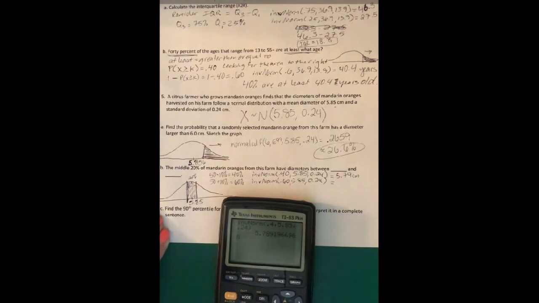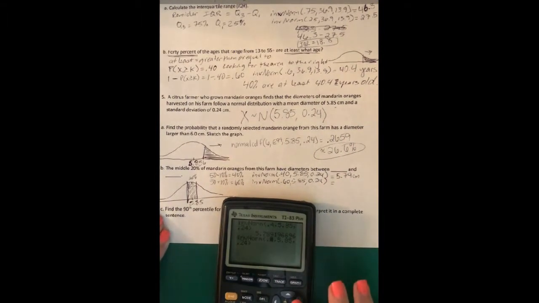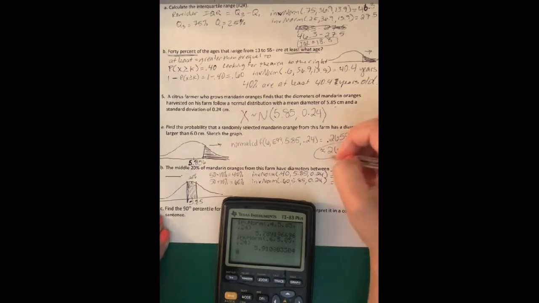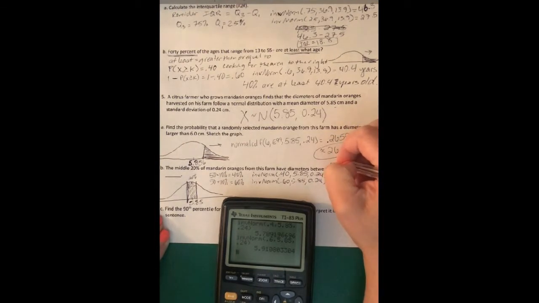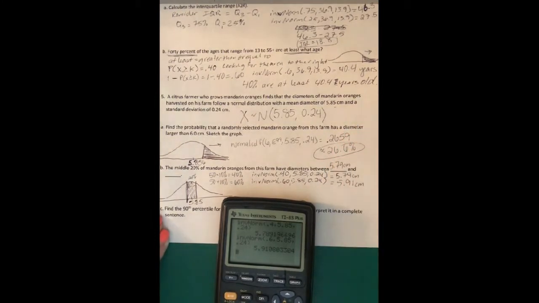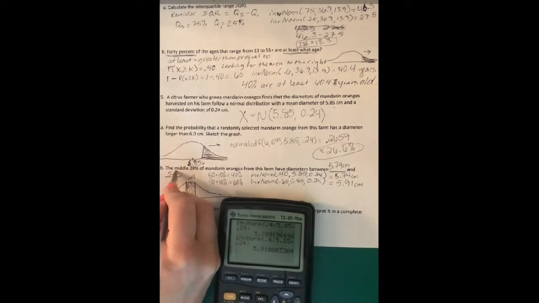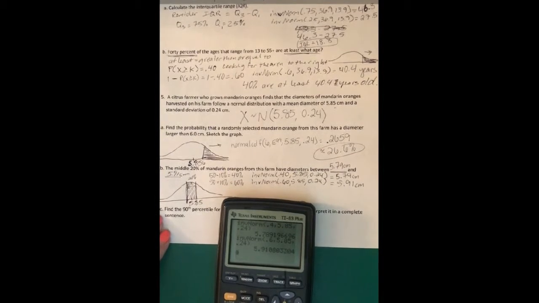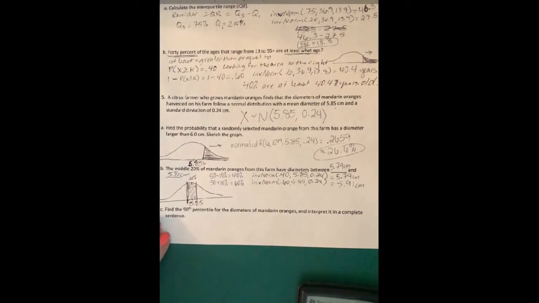And then let's go back and change that for 60%, 5.91 centimeters. So it's between 5.79 centimeters and 5.91 centimeters. So some of these might be a little trickier. Just think them through and always sketch a graph. That's always very helpful.